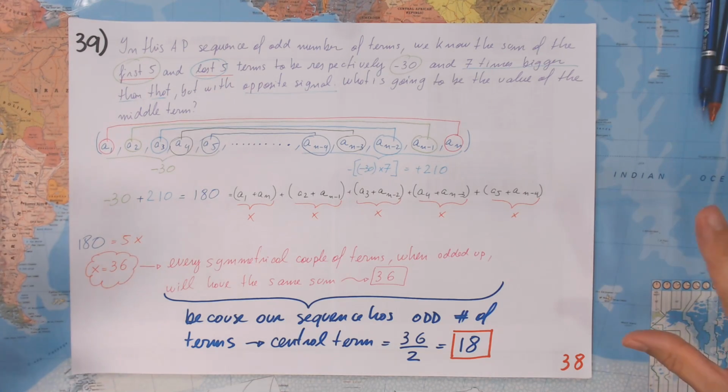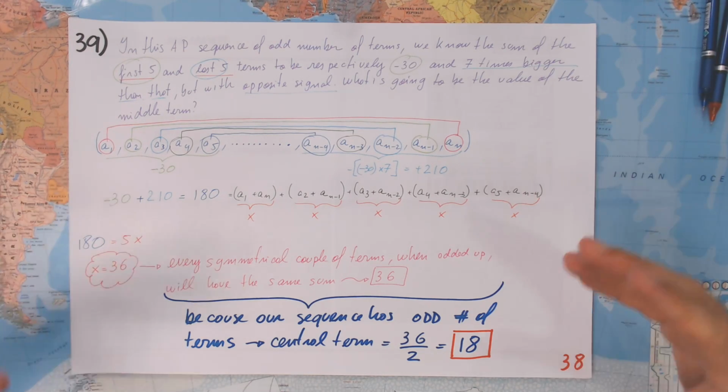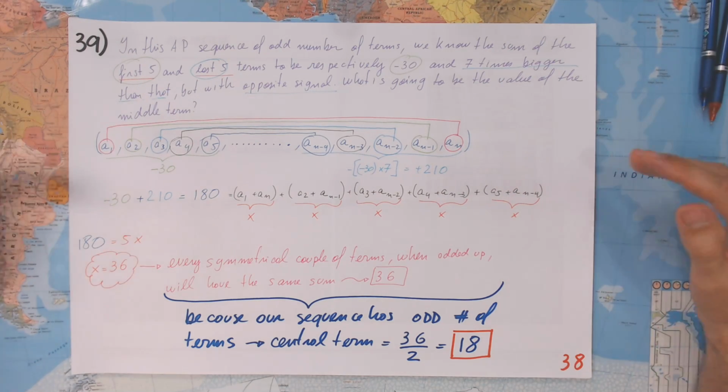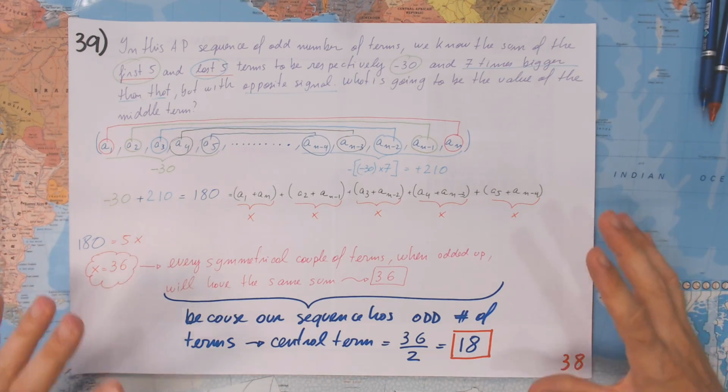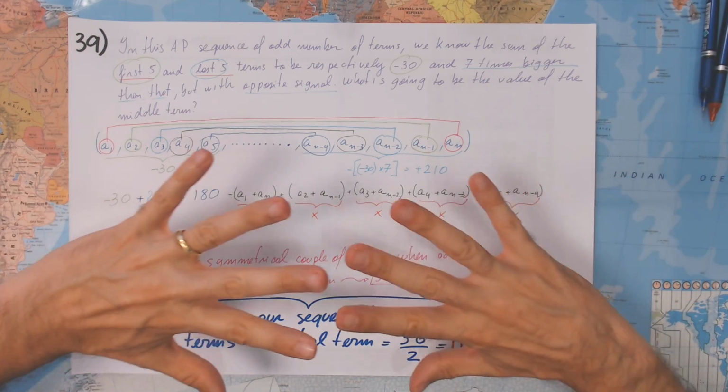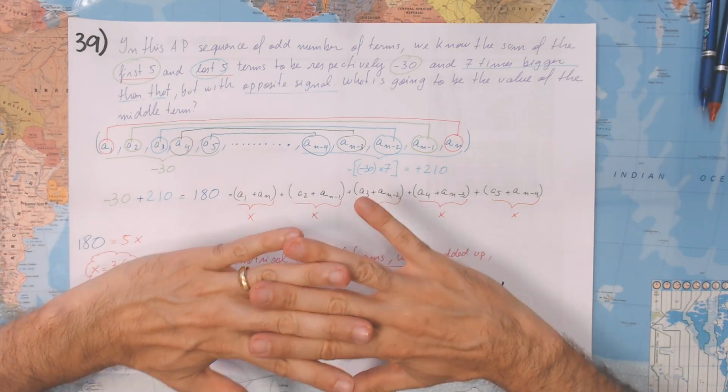You see how properties can help us solve an exercise. Of course, it took a long time, 15 minutes, but we didn't do much math over it; we used lots of properties instead. And that's what I want you to learn in math. Let's learn how to interconnect the topics.